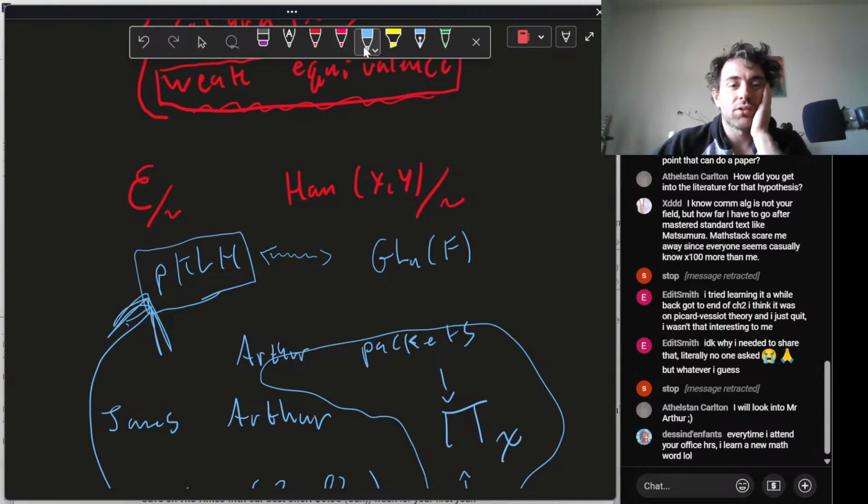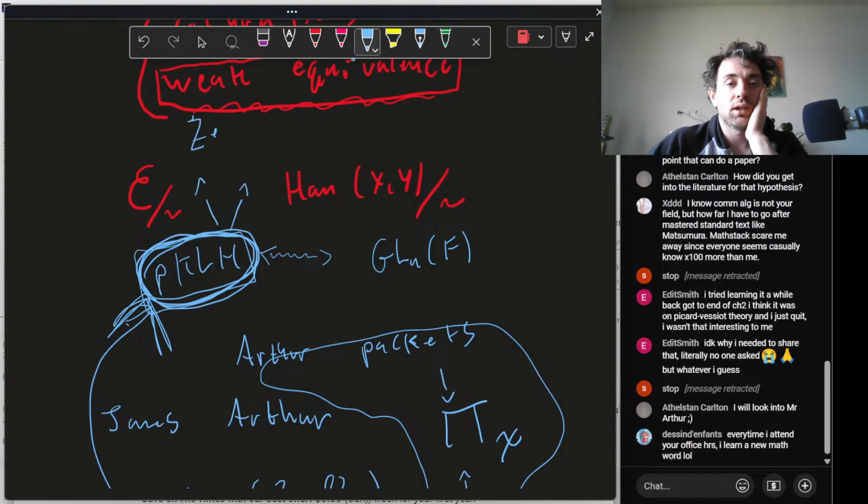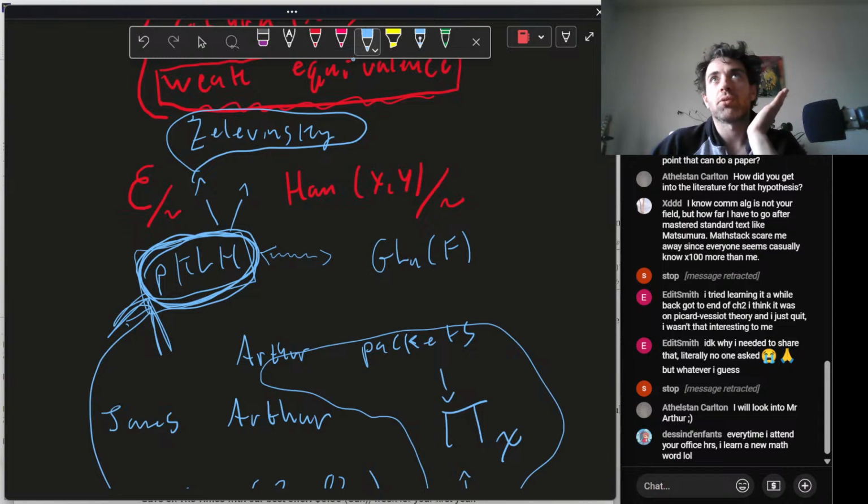Well, yeah, from lots of different places. There's a paper called the Piatek-Kazdan-Lustig hypothesis by Zelowinski. That's probably the number one place to look, so definitely Zelowinski. And definitely there's also papers of Bernstein Zelowinski called Induced representations of p-adic groups, where they develop the theory of multi-segments.